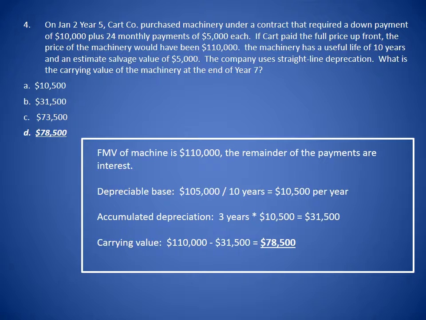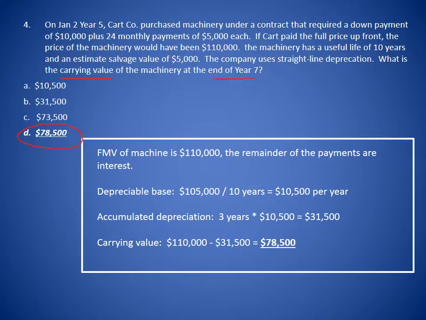And again, this question is, what is the carrying value, not the depreciation, the carrying value of the machinery at the end of year 7? I've just also changed years. In this case, the amount would be $78,500.